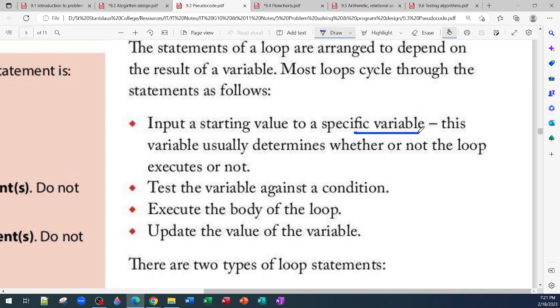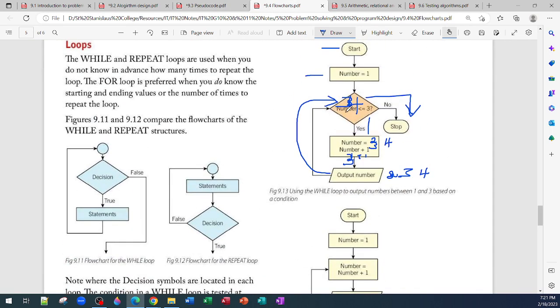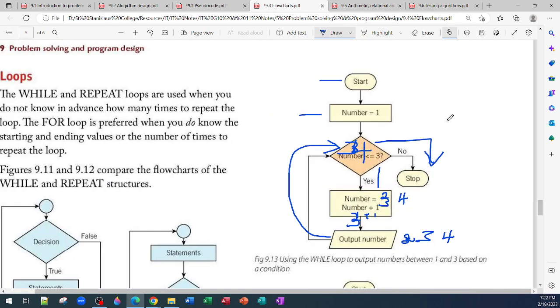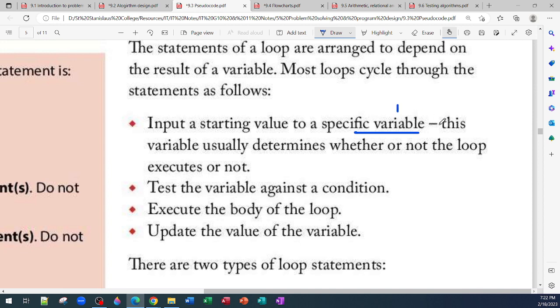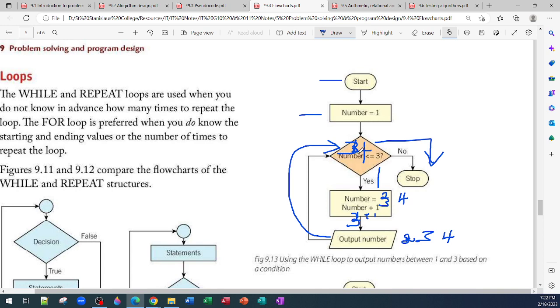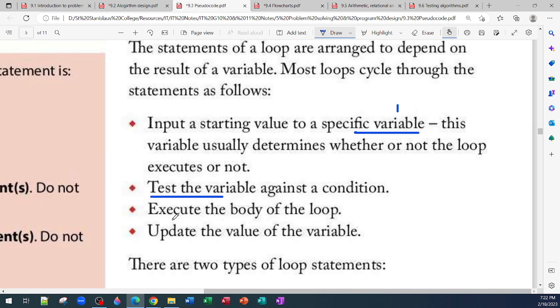It has a variable. If we look at the flowchart that we just went through, it has a variable called number. So that's the first component. Then we have to test that variable. That's this diamond here. We're testing to see if it's less than or equal to 3. Then we have to execute the body.